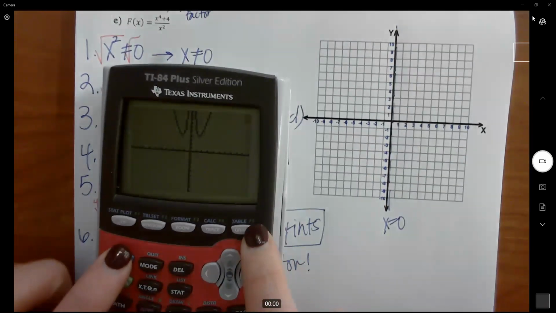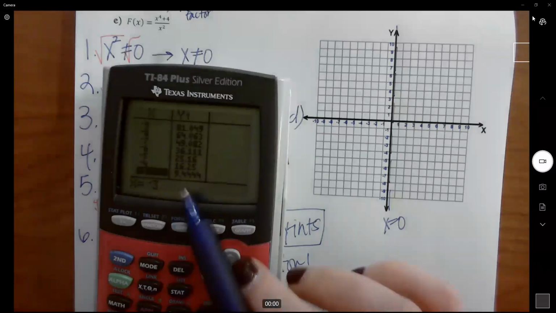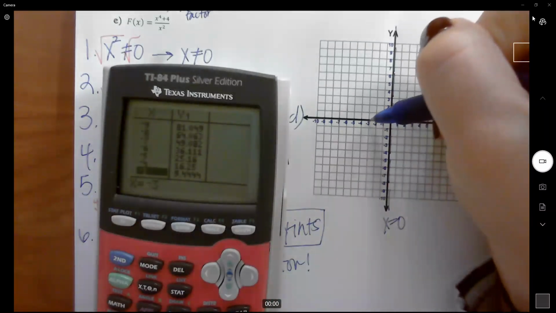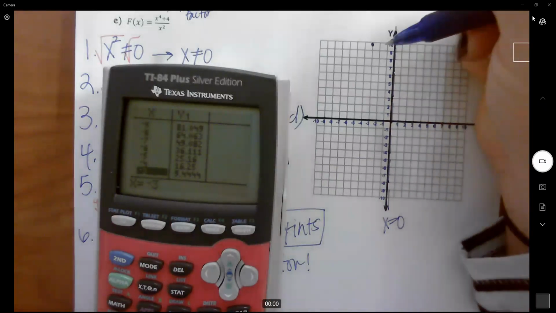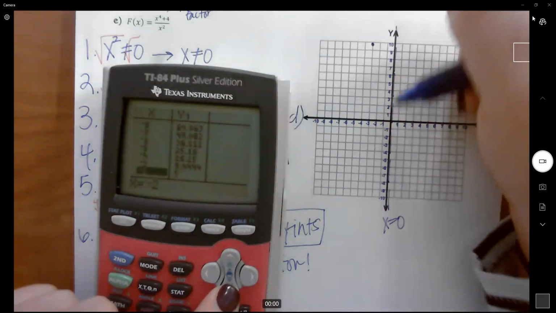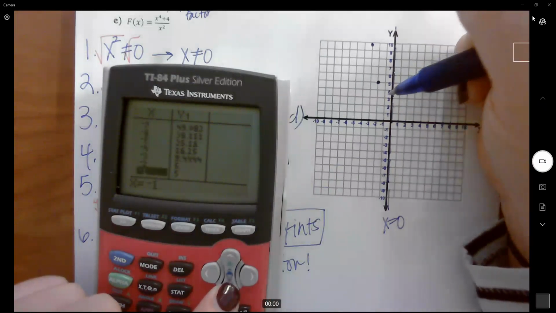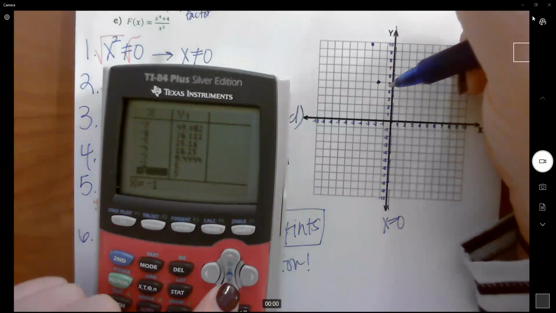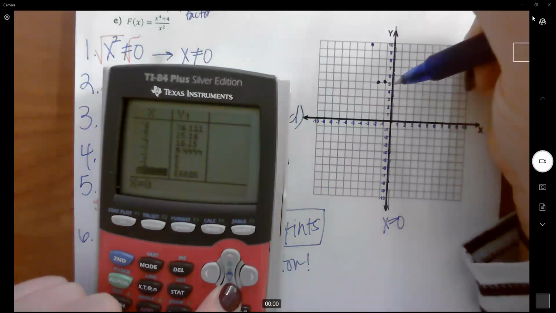So this time I am actually going to use the table. Let's kind of make this somewhat more accurate. Okay, negative 3 is about 10. Negative 2 is 5. Negative 1 is 5. 0 is an error.